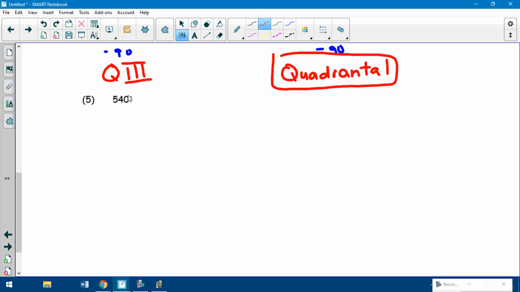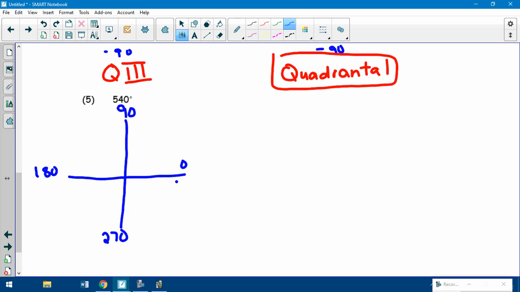Okay. Now, as I set up this last one on this page, you might be thinking, what's weird about 540? 0, 90, 180, 270, 360. Yeah, 540 is bigger than on the graph. So if this is over 360, we're going all the way around plus some more. How much further? How could you figure out how much further around you went? Right, just subtract 360.